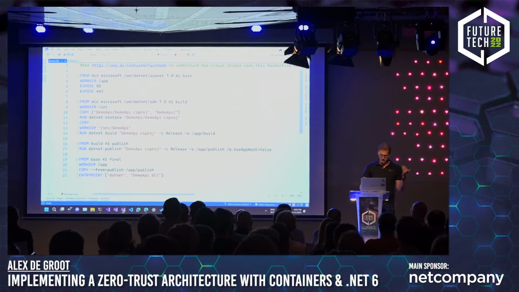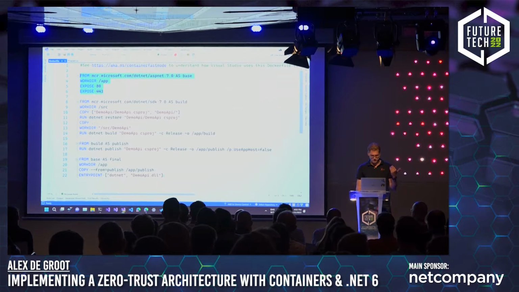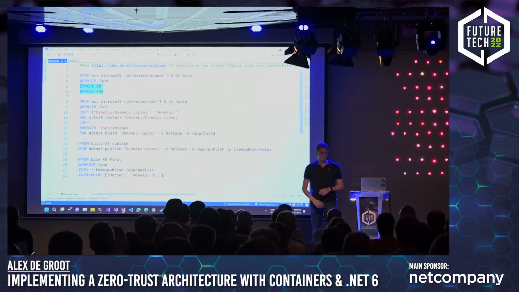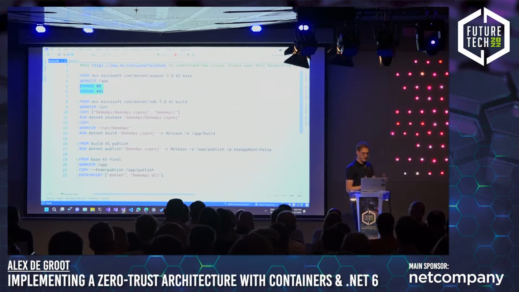And this file actually does the following thing. What it first does is download the ASP.NET image, in this case version 7, and exposes a few things. That's actually interesting because they help you a little bit, and they basically say you can only connect to this container on port 80 and 443. So this one is for the unencrypted traffic, and this is for the TLS traffic.